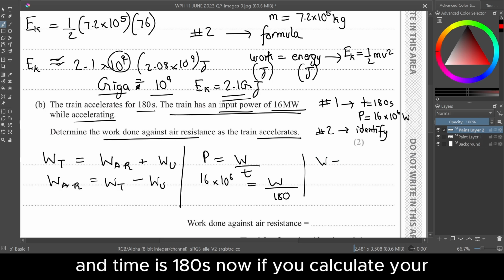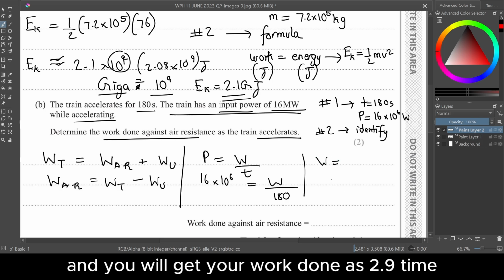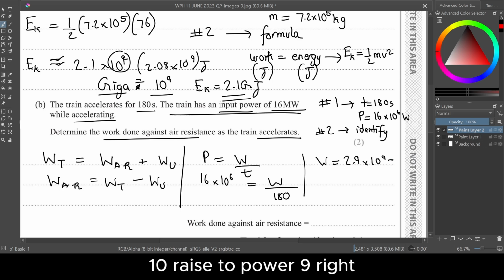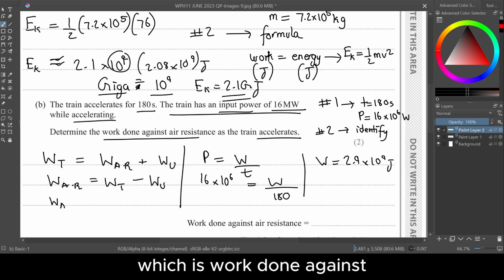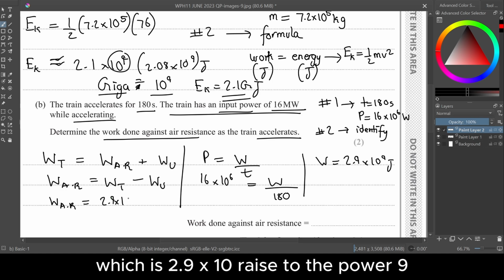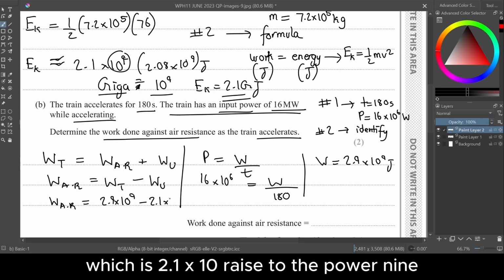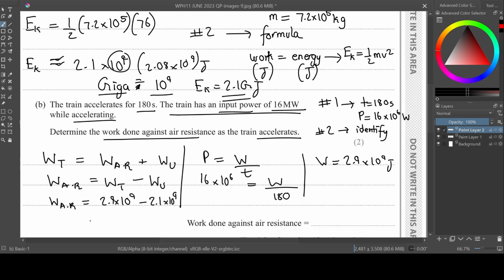Now if you calculate this, you will get your work done as 2.9 times 10 to the power 9. This is your total work done. And now you will use it here: work done against air resistance is equal to total work done, which is 2.9 times 10 to the power 9, minus the useful work done, which is 2.1 times 10 to the power 9.